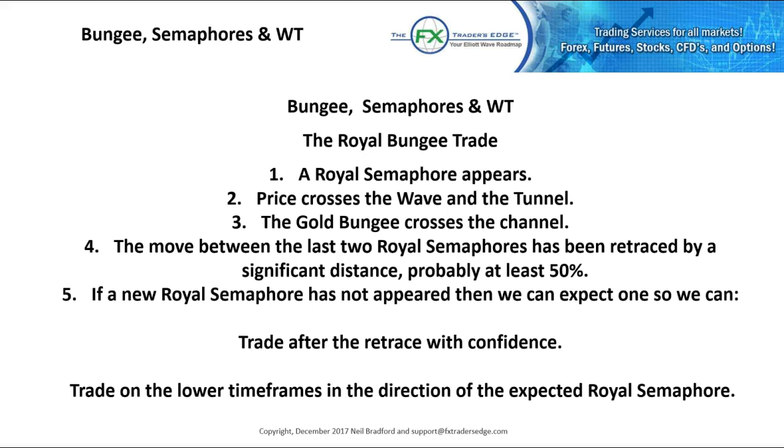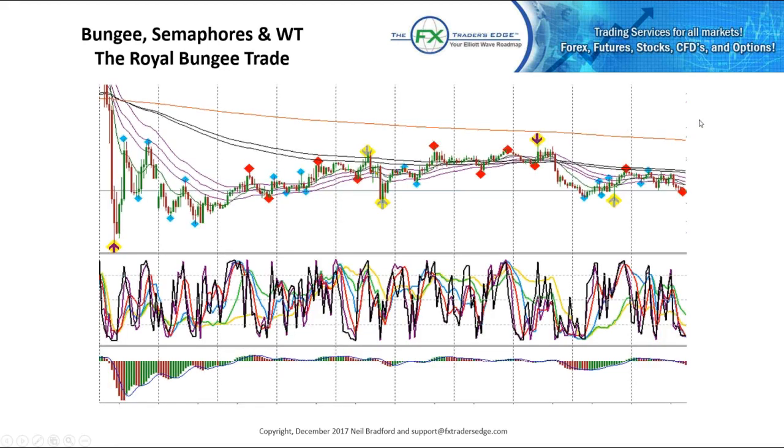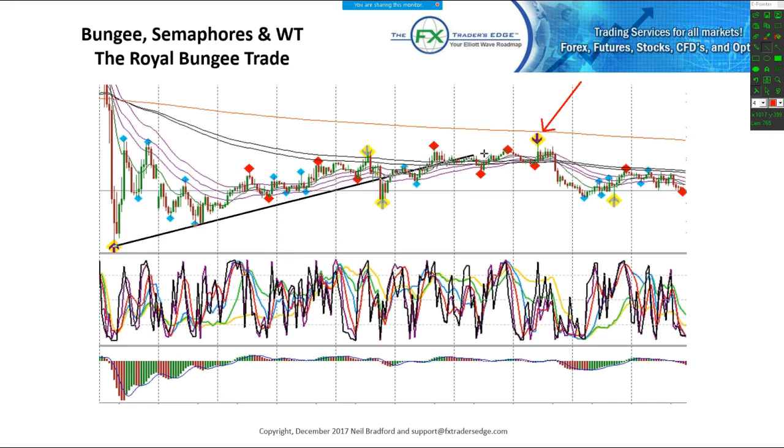Let's go through that on a chart. Number one, a royal semaphore appears. Number two, price from the previous royal has crossed both the wave and the tunnel. That's bound to happen, so you can almost ignore that.